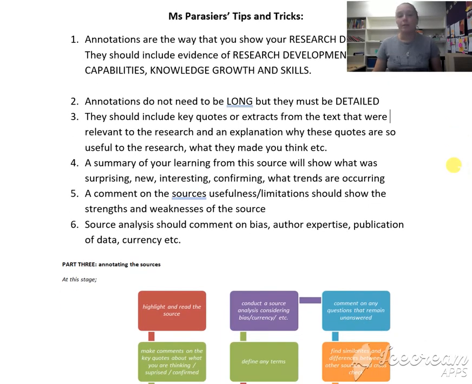When we go through some examples, it's really easy to feel like they have to be really long and really detailed and, one source, one page. You might have some sources that will take up a whole page of information. That's one useful source.